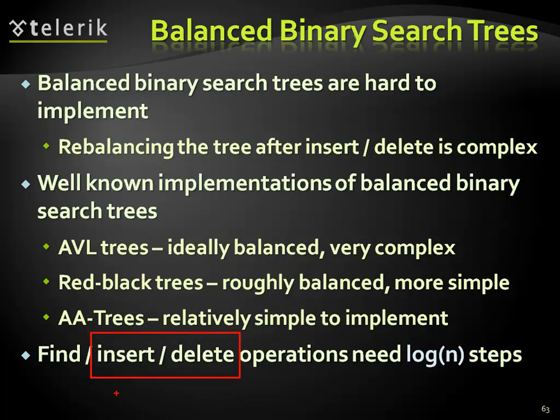So for AVL, insert and delete is 2 times log n, which for 1 million elements is 40 steps, for example. And searching in a red-black tree, for example, could be not 20 but 22 or 23 steps. So basically you decide whether you need an AVL tree or a red-black tree.